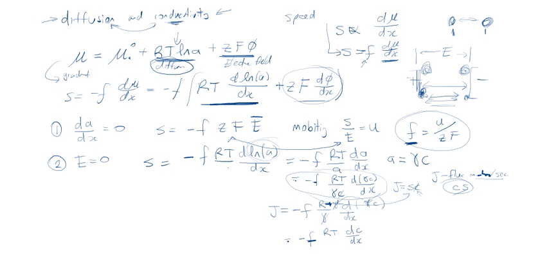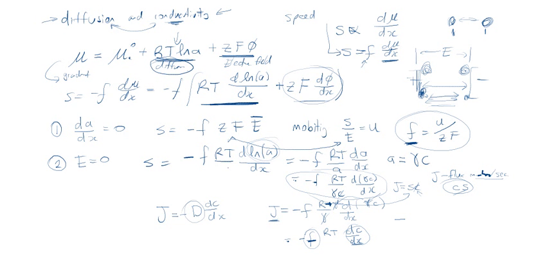We've also derived earlier that the flux, according to Fick's law, is negative D dc dx. Now we can see that we've got a relationship between the flux and this concentration gradient in terms of this frictional coefficient, as well as in terms of the diffusion coefficient.